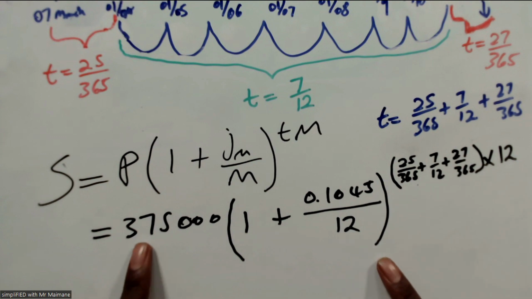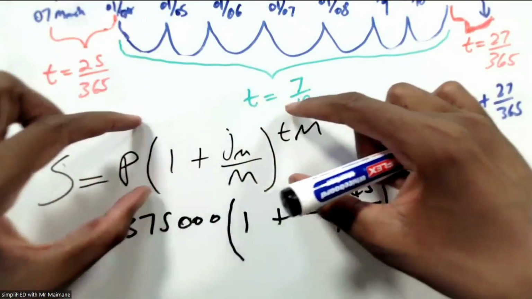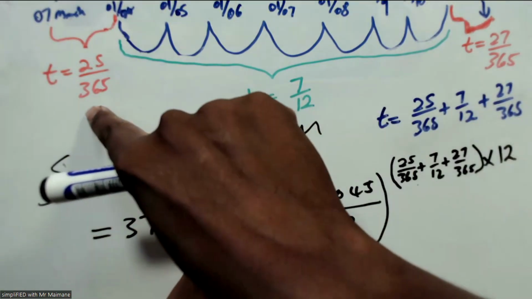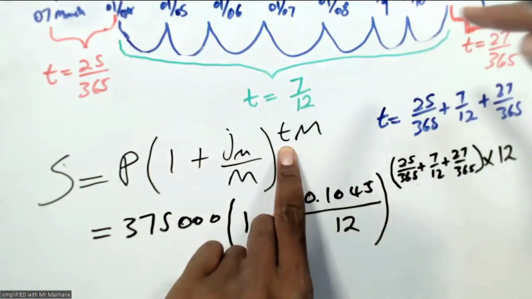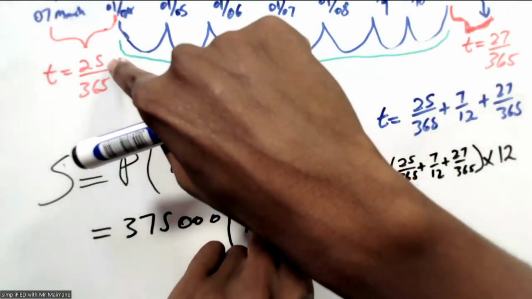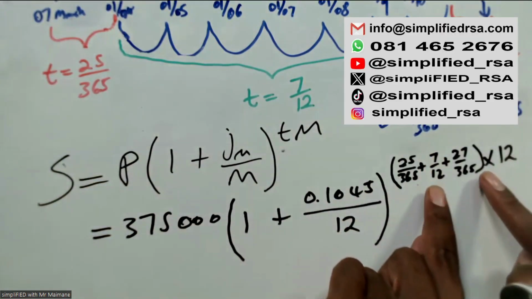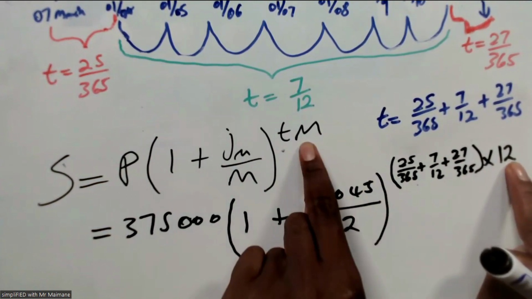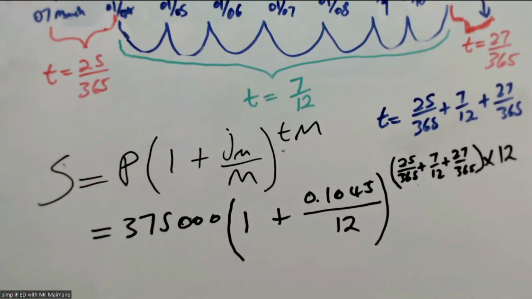So after substituting, using fractional compounding means I use the compound interest equation, but only for the value of t, I add the t of the whole period. I add the term for the whole period as it was. So it's 25/365 plus 7/12 plus that. And then you substitute the t as it is, and then you multiply by 12 because it's compounded monthly. That's why we multiply by 12 there.